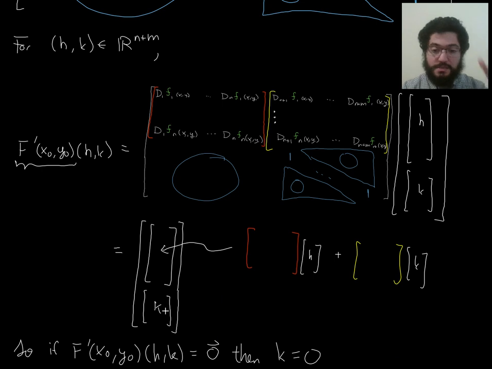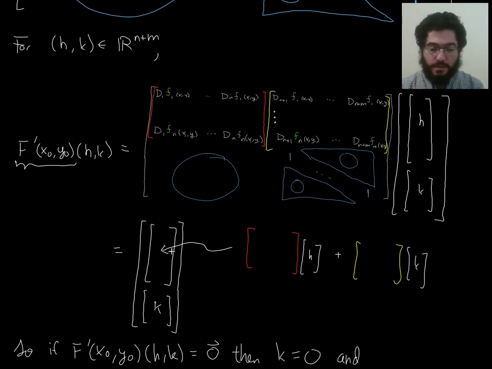And if k is 0, then this yellow matrix applied to k would also be 0.